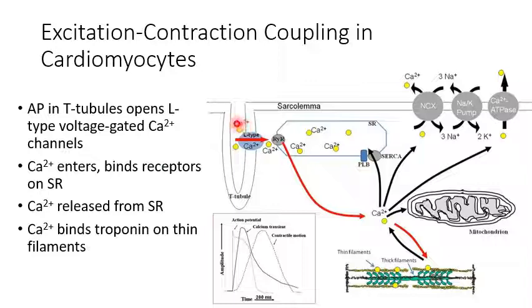So you have calcium entering the cell through the L-type calcium channel in the T-tubule, and then it binds its receptor on the sarcoplasmic reticulum, and that causes calcium to be released. Then calcium is going to bind troponin on your thin filaments, much the same as it does in skeletal muscle cells.